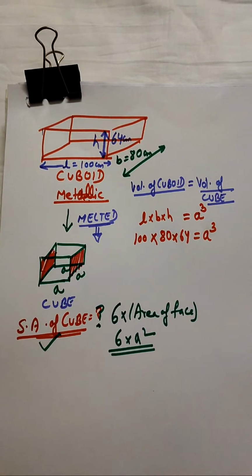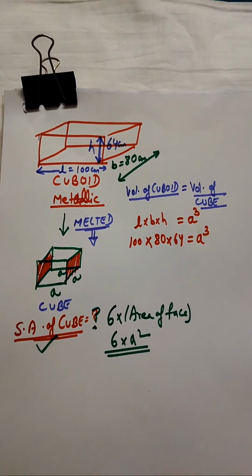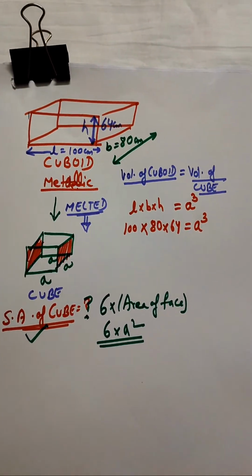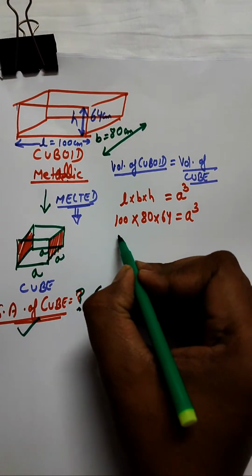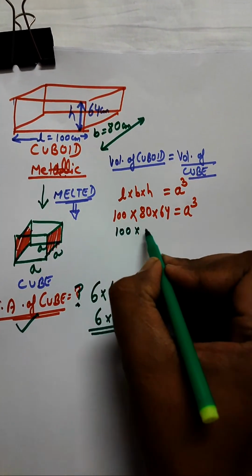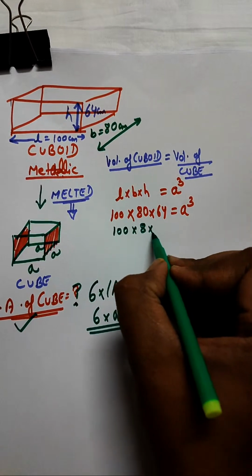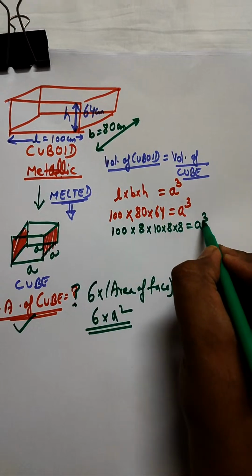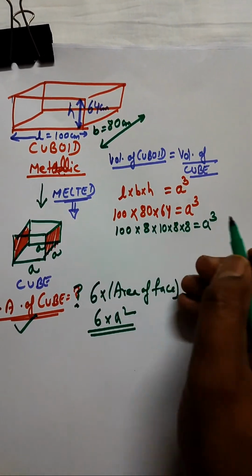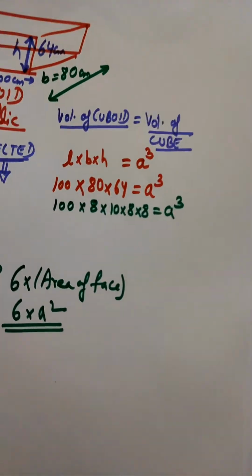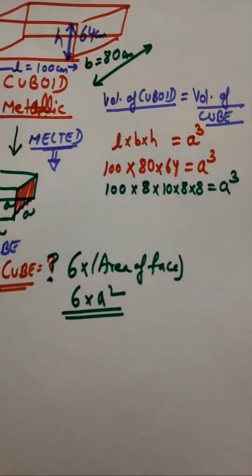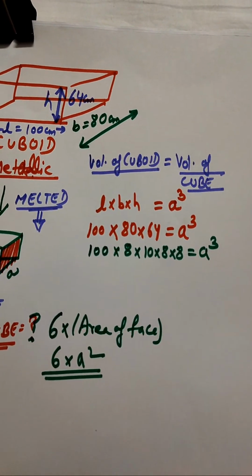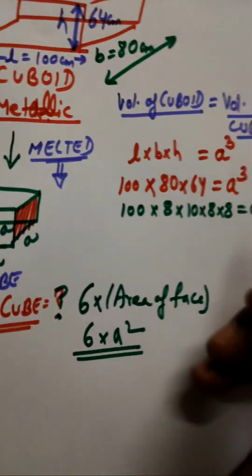Now arranging the terms, we can write it as 100 into 8 into 10 into 8 into 8 as a cube, because 64 can be written as 8 into 8, and 80 can be written as 8 into 10.